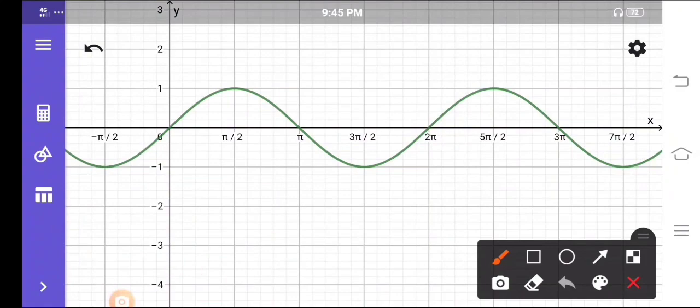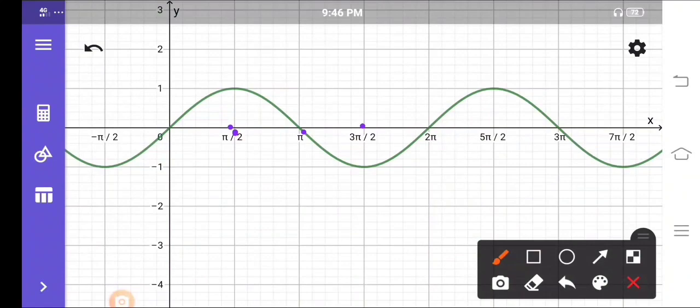In finding the key points, we divide 2 pi by 4. 2 pi is 360 degrees. 360 degrees divided by 4 is 90 degrees. 90 degrees plus 90 degrees is 180 degrees. 180 degrees plus 90 degrees is 270 degrees.